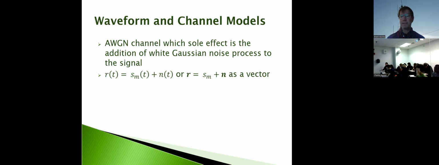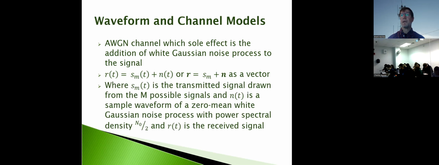We can look at this as a time domain signal, but we also talked about how we can look at this as a vector, especially in digital communications where we have samples, right? So we organize those as vectors. s_m(t) is a transmitted signal drawn from M possible signals, or signals that match the symbols.